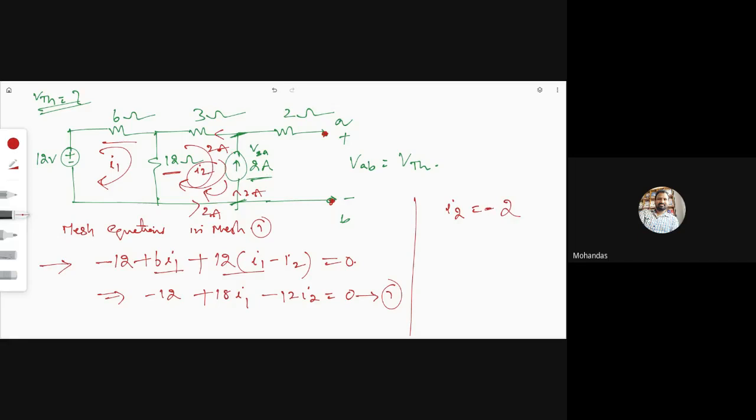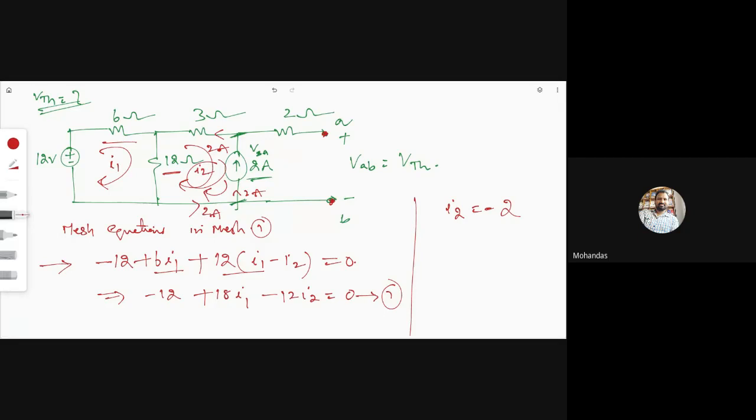So whenever a current source is available in any mesh, that current is the same as the mesh current. No need to calculate I2 again. That mesh current is the same as the current source value. I hope you are understanding.